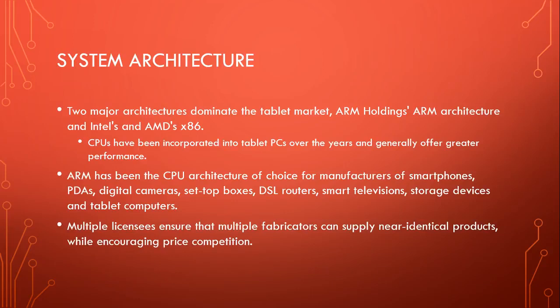The advantage of this is that multiple licensees, because they can go across multiple devices, ensure that multiple fabricators can supply near identical products while also encouraging price competition. So if everybody's using the same architecture, then you have a similar product, but it's supposed to help keep the price down then.